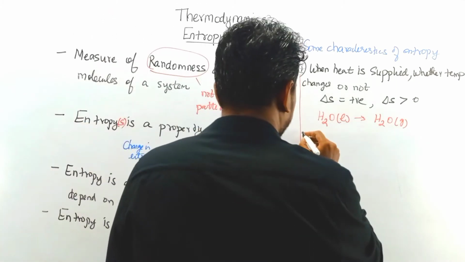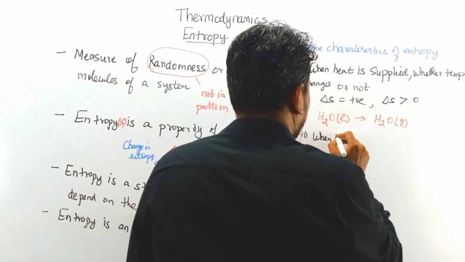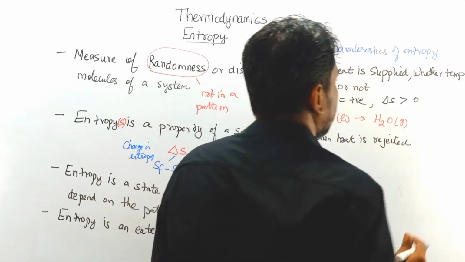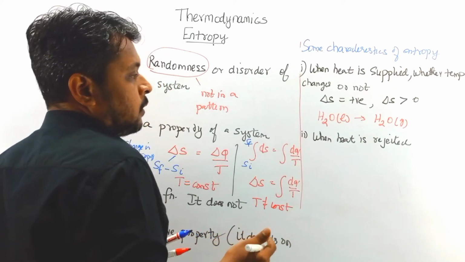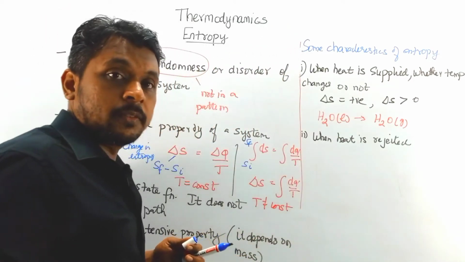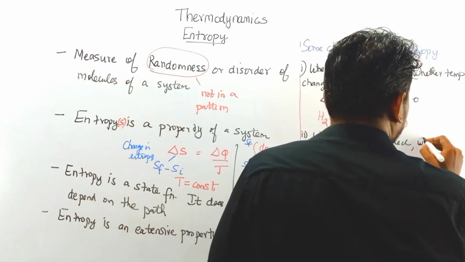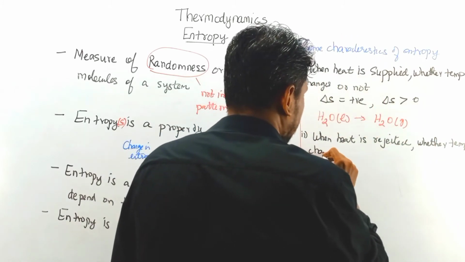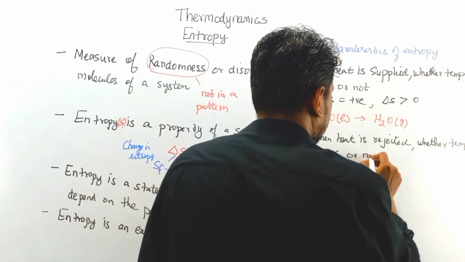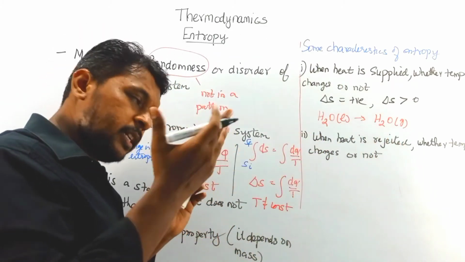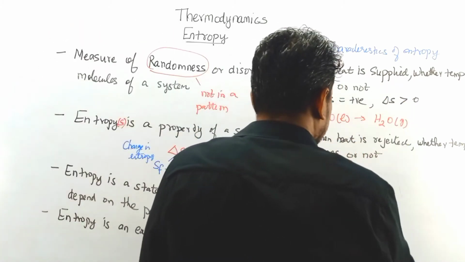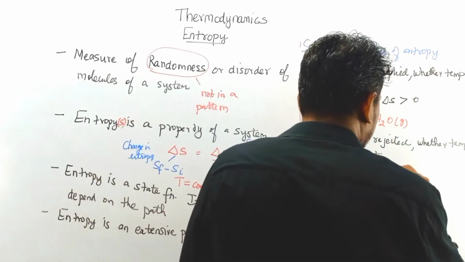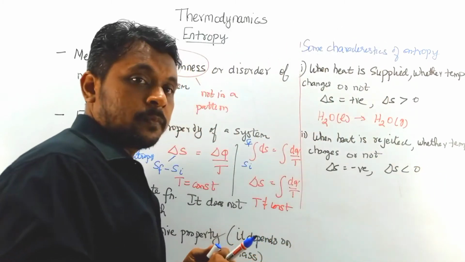Okay, second point. When heat is rejected, like water converting to ice, whether the temperature changes or remains the same, whatever the condition, when heat is rejected, the change in entropy will be negative, or the value will be less than 0.